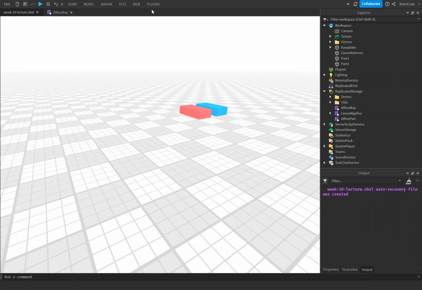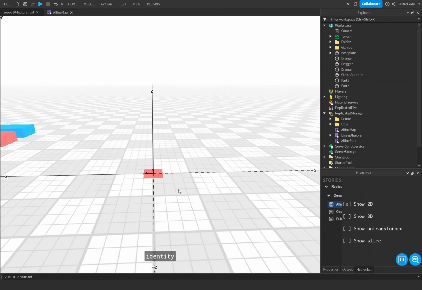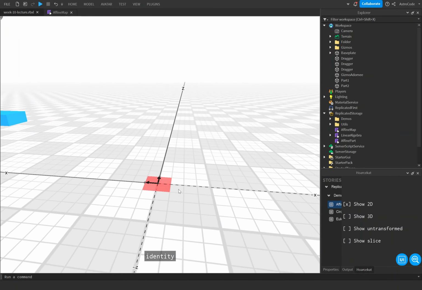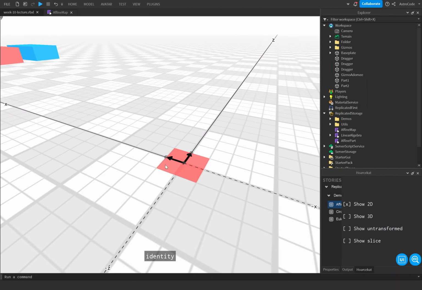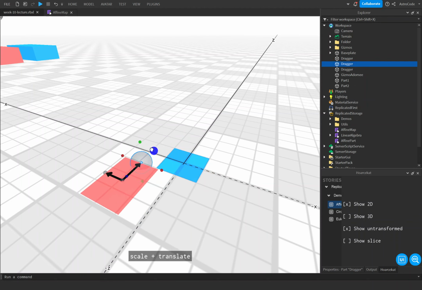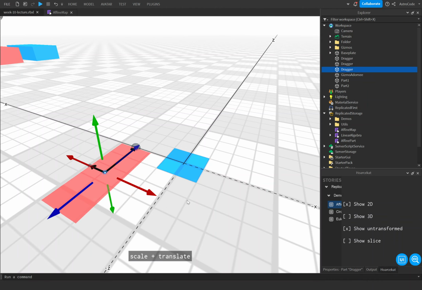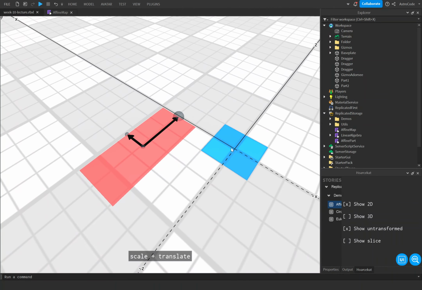I guess we don't have to go over this again, but this was how we arrived at the idea of homogeneous coordinates, which was that we wanted to do some affine transformation, and here we did it in 2D. So we took the blue thing, the blue square is what we started with, and we did some affine transformation to it. And the reason it's affine is because we moved it away from the origin.